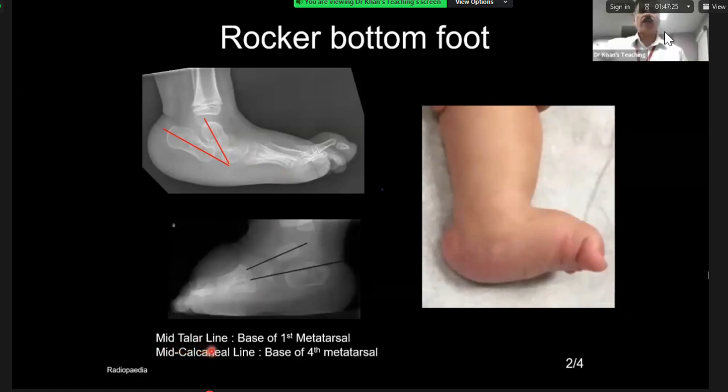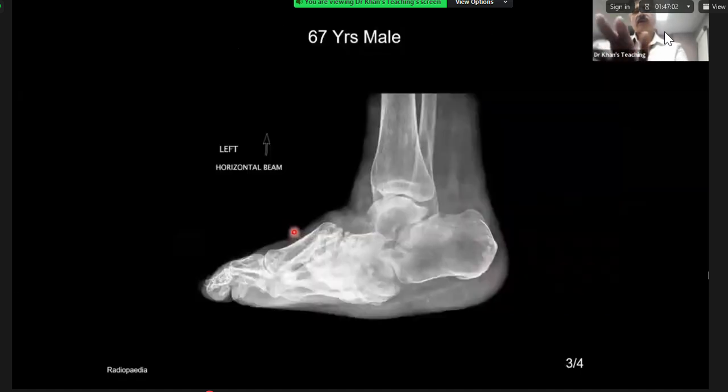The mid-talar line should pass through the base of the first metatarsal, the mid-calcaneal line through the base of the fourth metatarsal, and they are not seen. In an exam case, I don't think you should go for lines. It is obvious that this is more vertical. It should have been like this, right? So rocker bottom foot can also be seen in acquired conditions. You just name this. What is this?